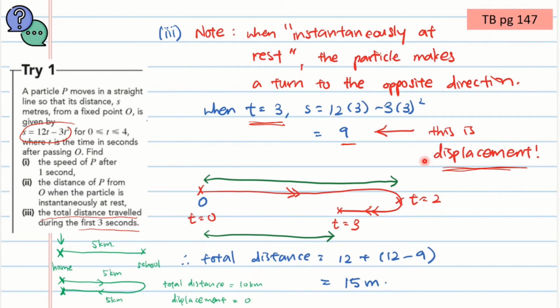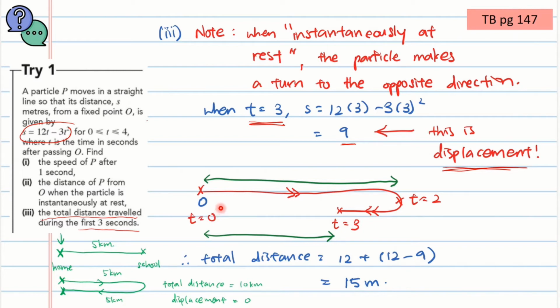So if I were to illustrate it in a diagram, which I've already drawn over here, we started at O and went in a straight line path, but when it is instantaneously at rest, which we found in part 2 at time t equals 2, we make a U-turn back towards O.